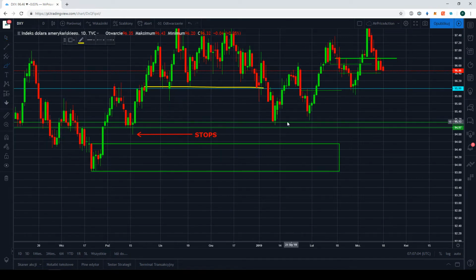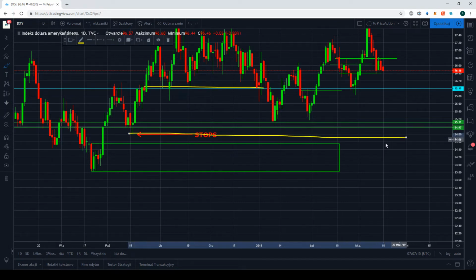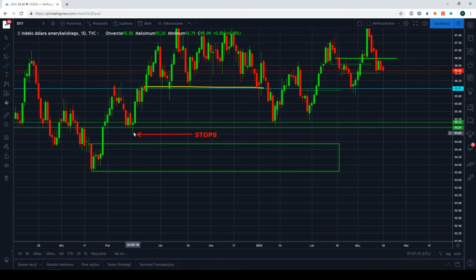Under 95, we have some possible stops around 94.80 based on the chart I'm using here from TradingView. Once we hit these stops, it may open the way towards this bigger possible demand based on daily between 94.60 and 93.8, quite wide, 80 pips.